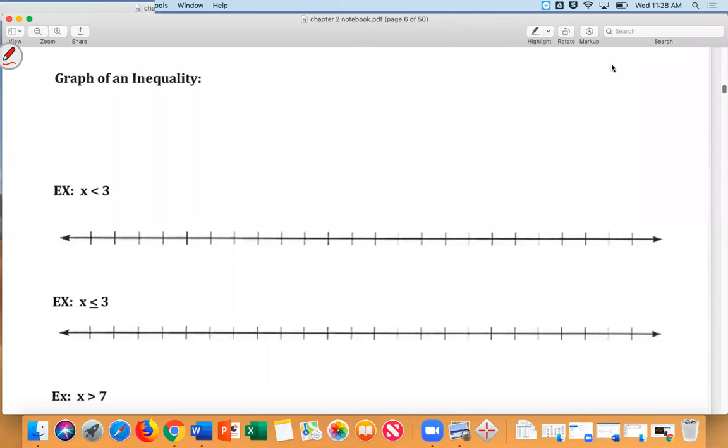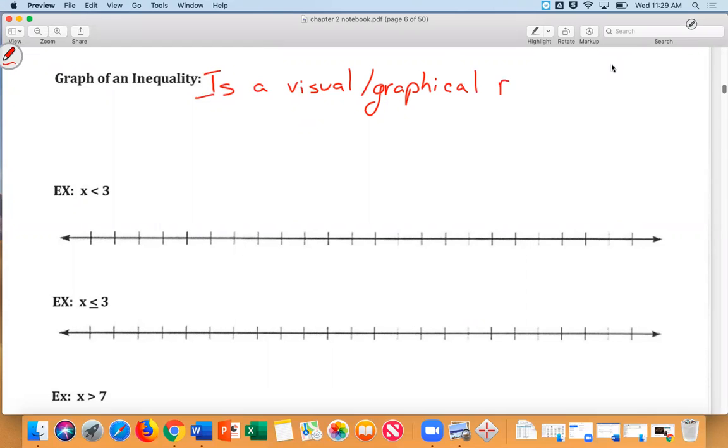All right, so the graph of an inequality is a visual, graphical representation of your answers to an inequality.